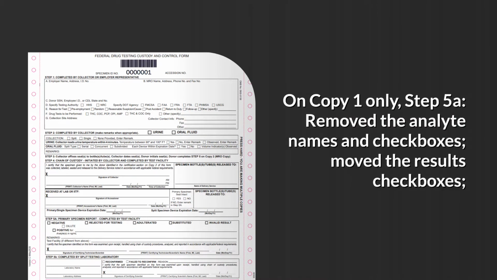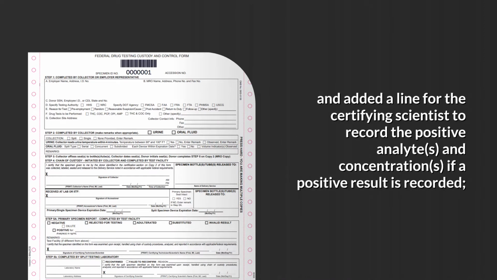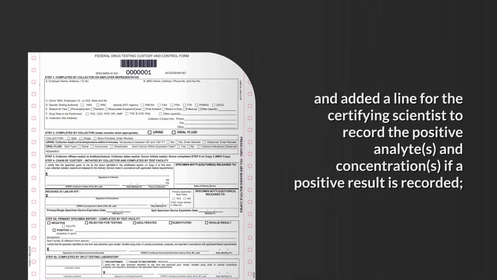On copy 1 only, Step 5A, removed the analyte names and checkboxes, moved the results checkboxes, and added a line for the certifying scientist to record the positive analyte and concentration if a positive result is recorded.